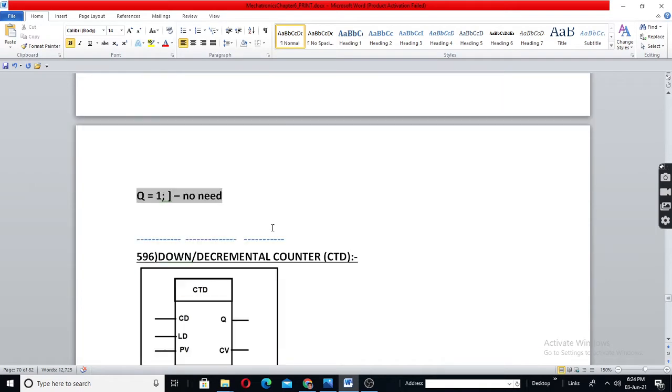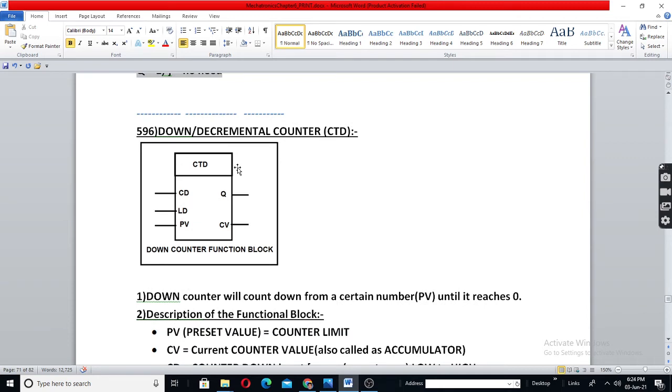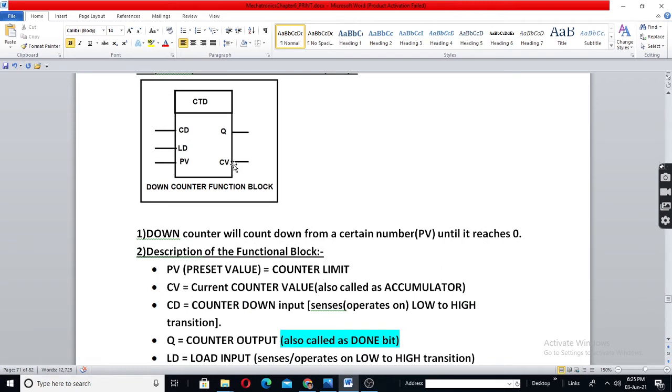Right, now the down counter. Similar to the up counter, but here instead of a reset signal you have a load signal, because it counts downwards, a decrementing counter. So when we apply load, CV is loaded to the highest limit, that is the preset value.